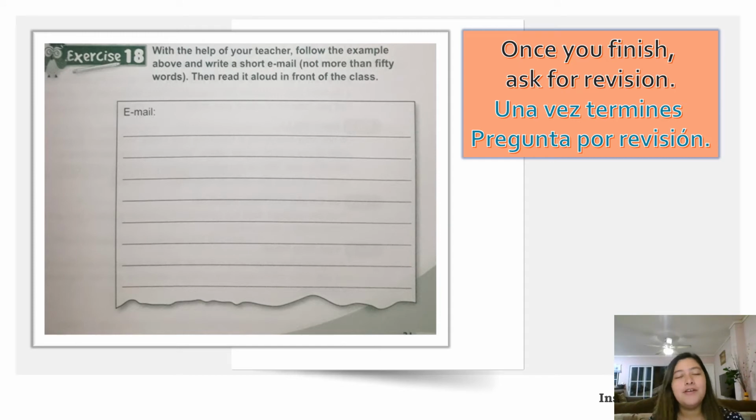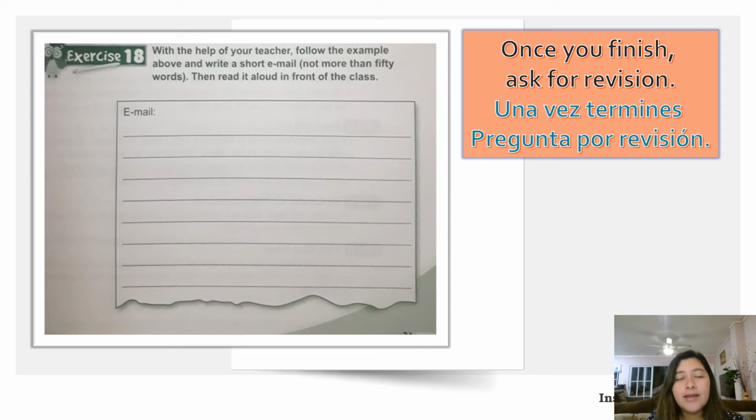We have in here exercise 18. Tenemos el ejercicio 18. And the instruction says, y dice la instrucción, with the help of your teacher, follow the example above and write a short email, not more than 50 words, then read it aloud in front of the class.